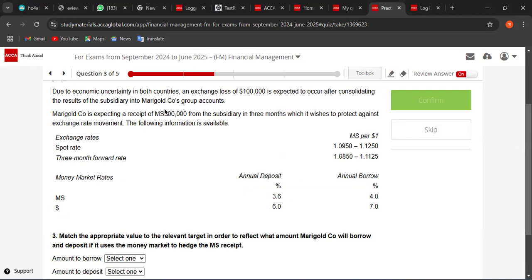That is, 300 divided by 1 plus borrowing rate of foreign currency. So MS borrowing rate is 4%. But this 4% is annual. So we want to receive in 3 months time. So 4 divided by 12 multiplied by 3. How much is coming, guys?